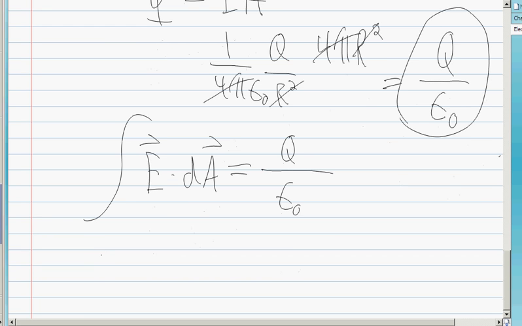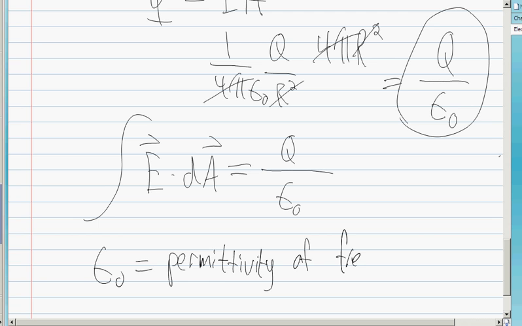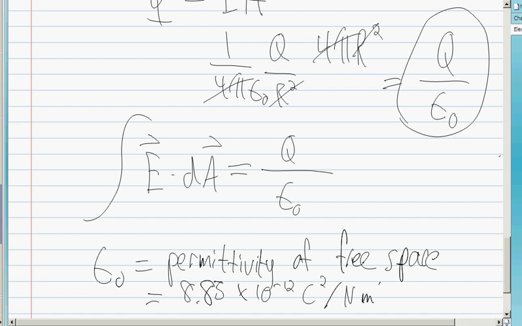In case you forgot, epsilon naught is the permittivity of free space, and it's a constant, always a favorite constant. It is 8.85 times 10 to the negative 12th coulomb squared over newton meter squared.